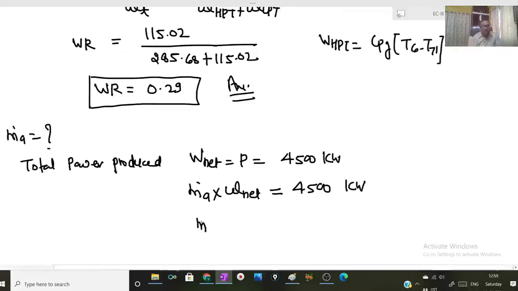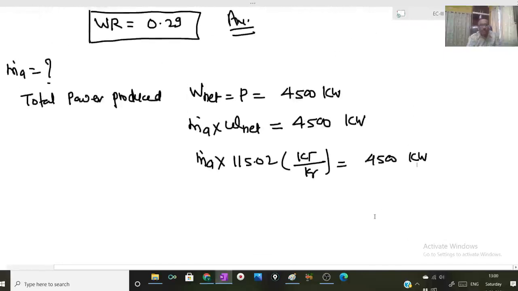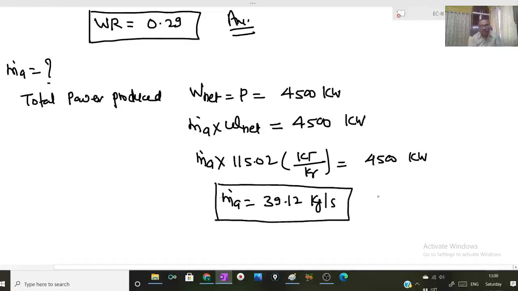So m dot A into 115.02, and the unit we have to take into consideration is kilojoule per kg, equals 4500 kilowatt. So from here the mass flow rate of air will come 39.12 kg per second. This will be the answer.